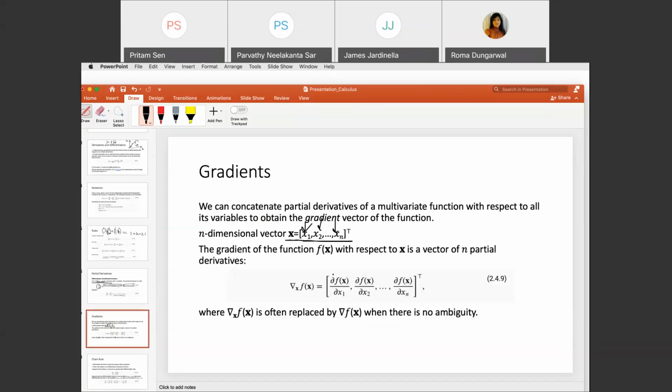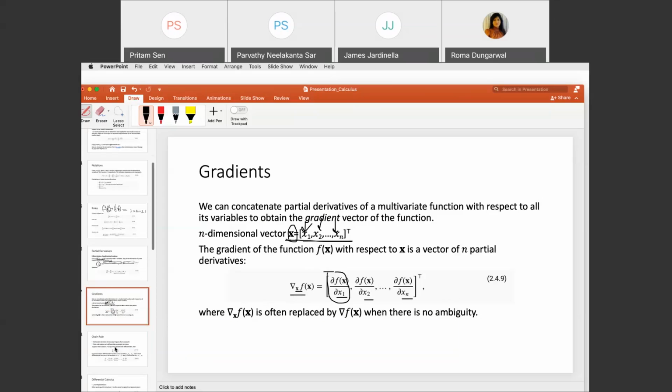So here the function is differentiated with respect to x1, x2, and xn. All the results are shown in a vector, and it is called the gradient of vector x. We present the gradients using this symbol delta, and we can show x, or we can ignore it. It depends on the notation and other parameters.